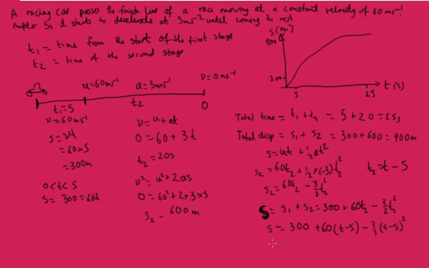If you open the brackets and rearrange everything, you'll get S equals minus 3 over 2 T squared plus 75T minus 75 over 2.